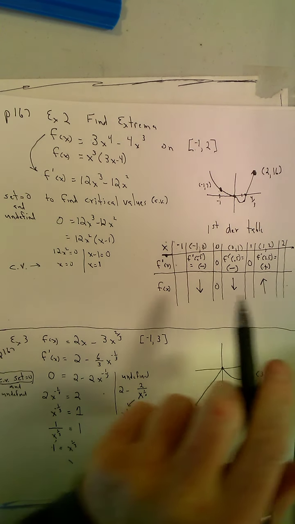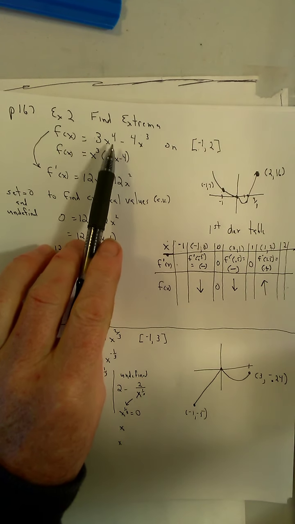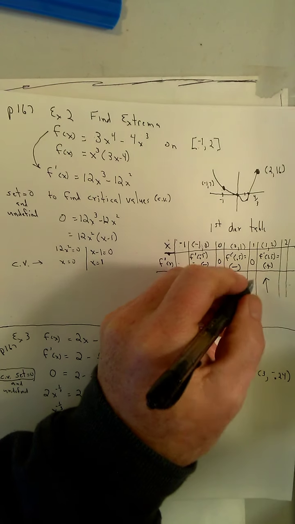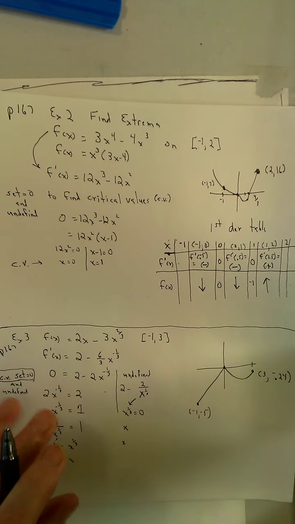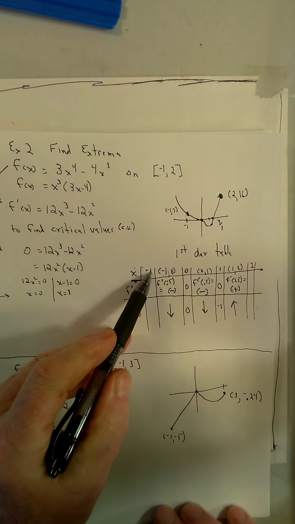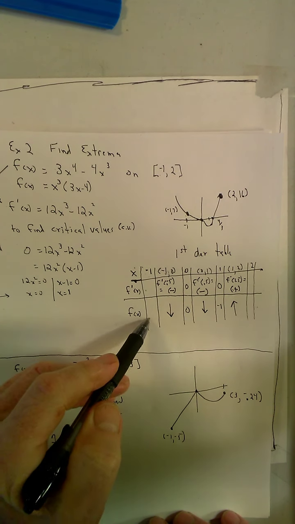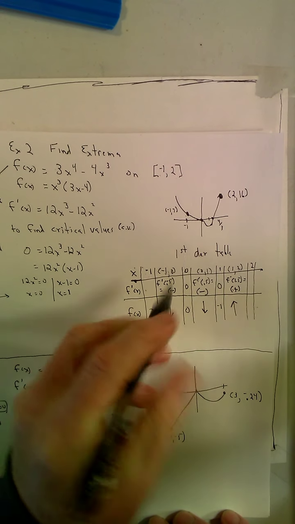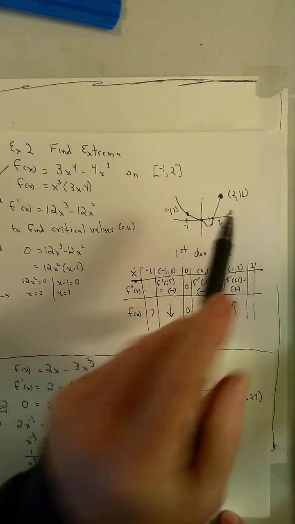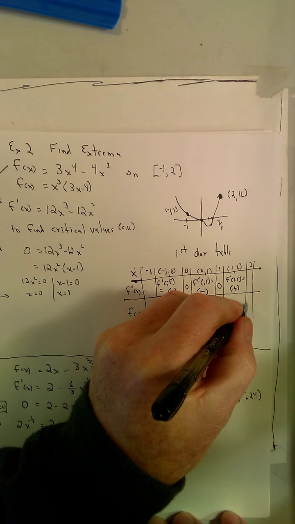So we use the derivative to determine increasing versus decreasing. Now just look at this behavior and describe what's happening at the critical values. All right, so we start at 7, we decrease down to 0, and we continue to decrease.